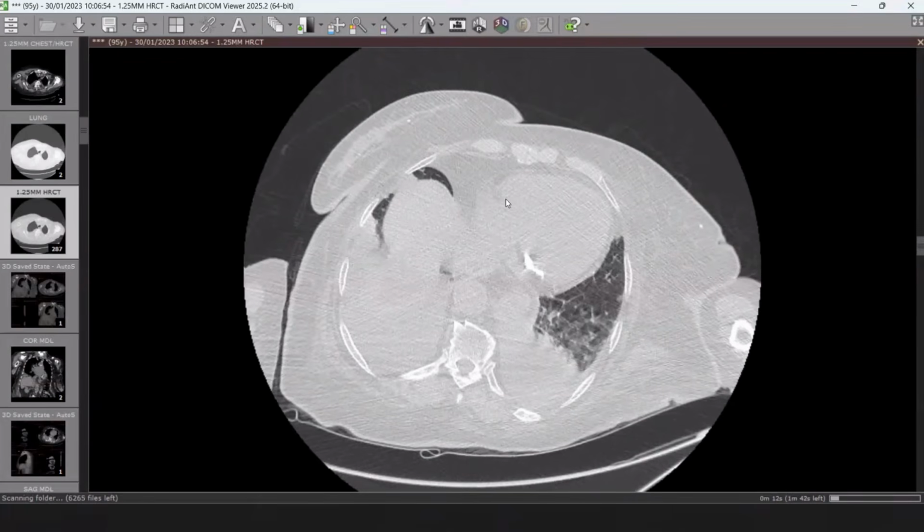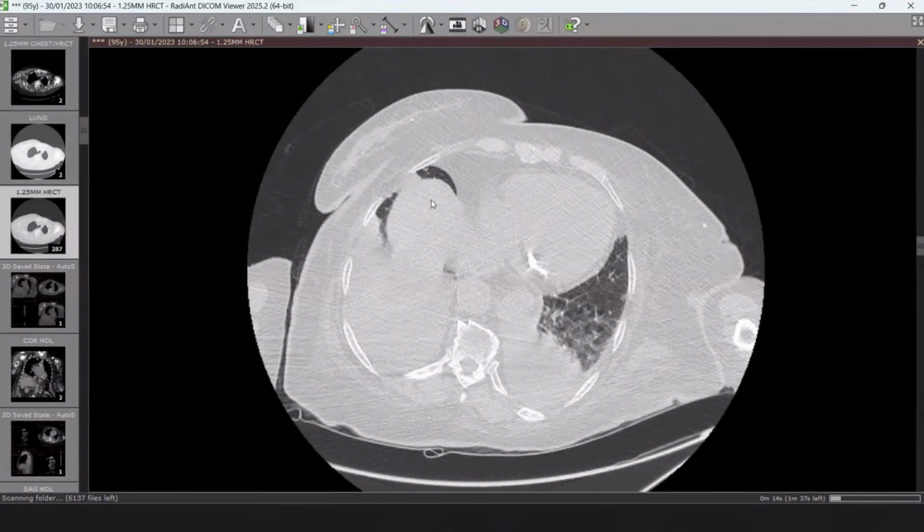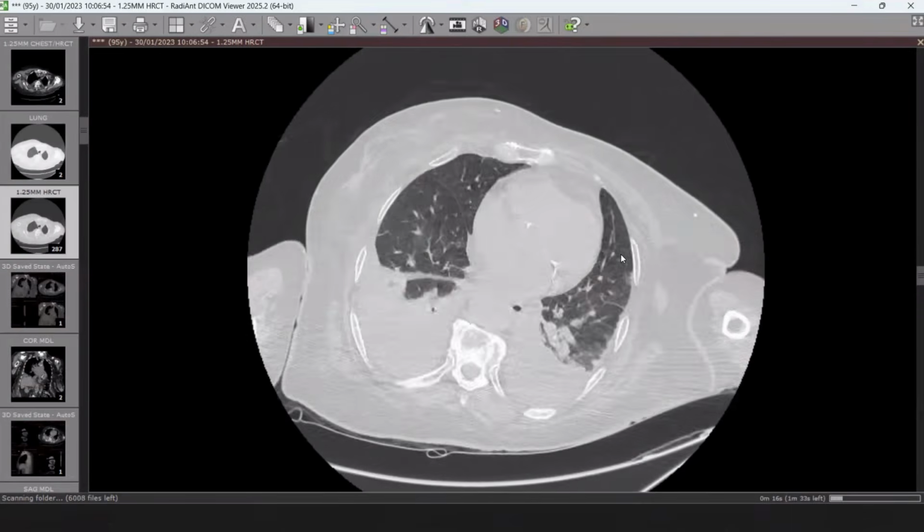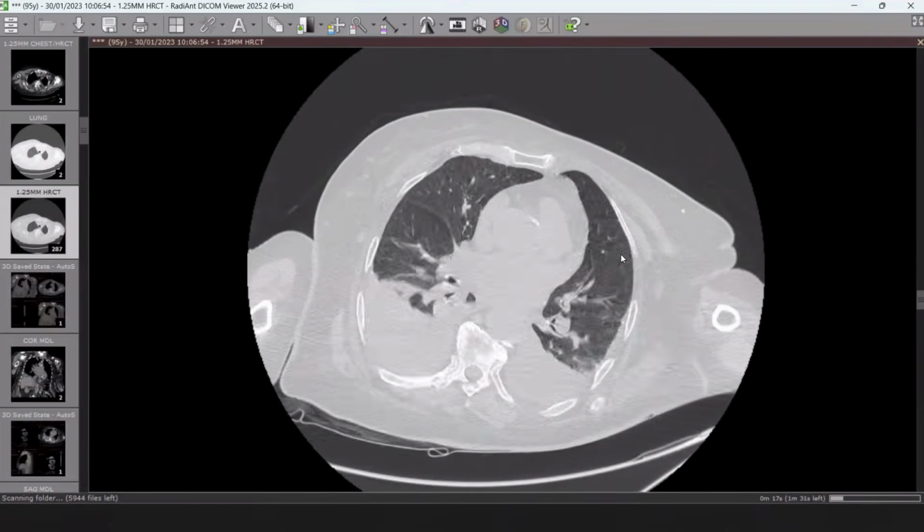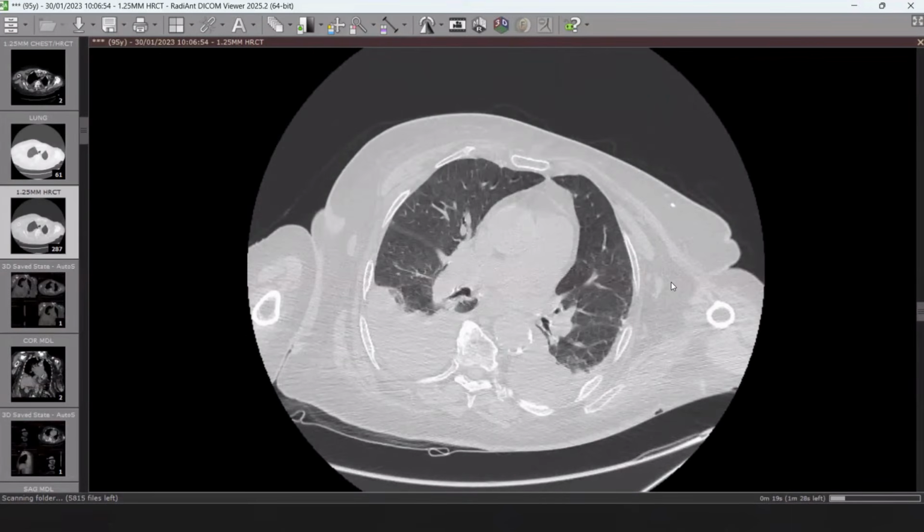This case came to us, I think this case is 95 years old, and she came to us complaining of acute dyspnea. Can you please send me a request for the remote control? I have requested, sir.